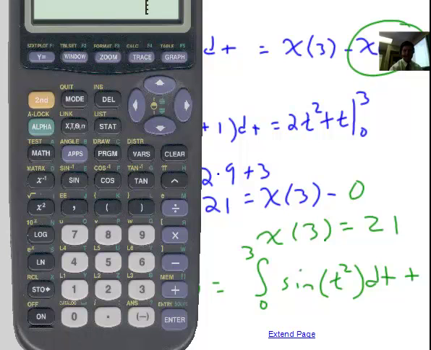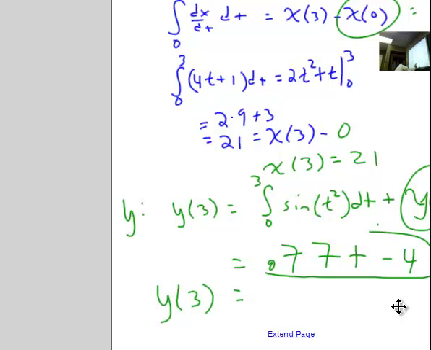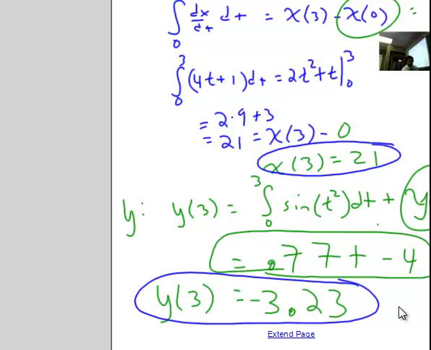This gives me my change in y, which is 0.77. My y sub 0 was given to me, that was -4. So my y at time 3 is -3.23.